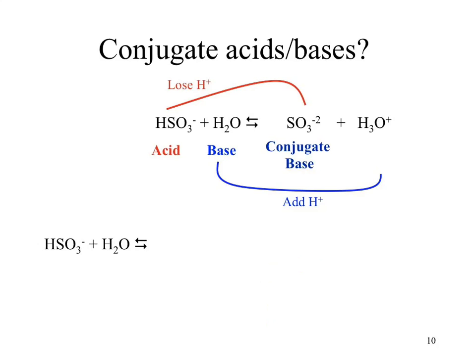So our conjugates will always apply on our product side of the reaction, and we'll define them as we would normally define acids and bases. H3O+ looks most like H2O. So H3O+ is the conjugate of water, or H2O. Is it an acid or a base? It acts as an acid. It becomes the conjugate acid.